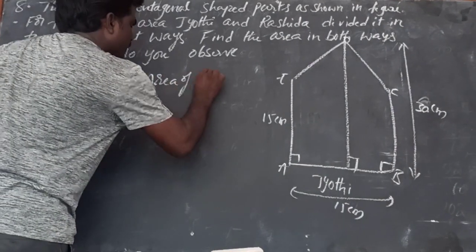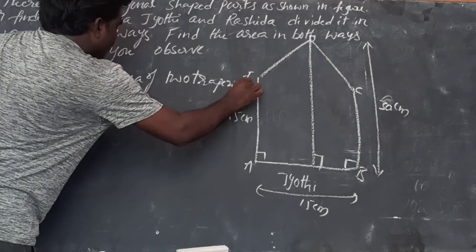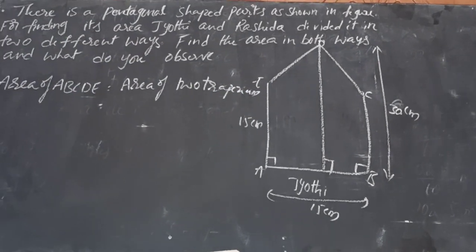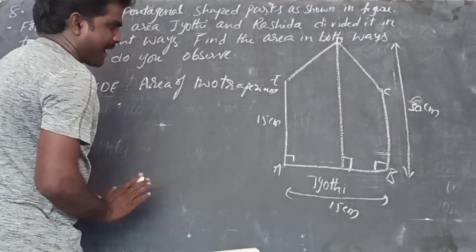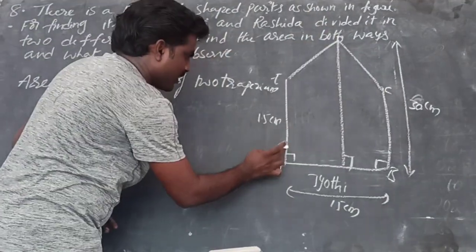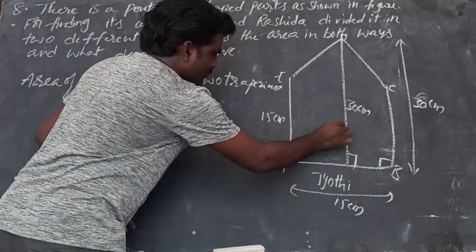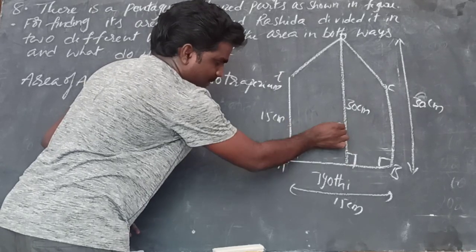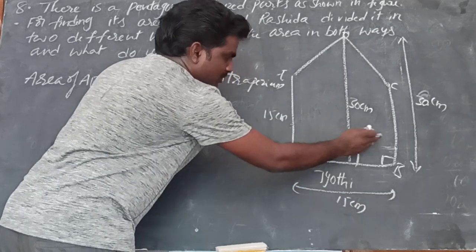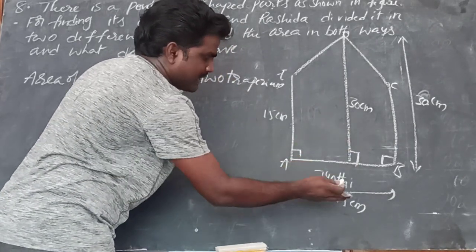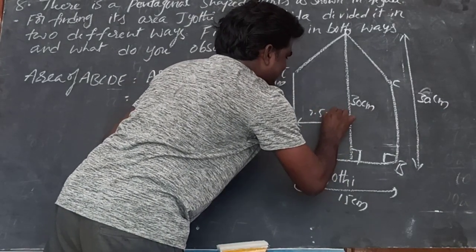area of two trapeziums. So what is the trapezium formula? Half into the sum of the two parallel sides into the distance between them. So here one parallel side is 15, another is 30. The total length 15 is divided into two parts, that is 15 by 2, so the height is 7.5 centimeter.